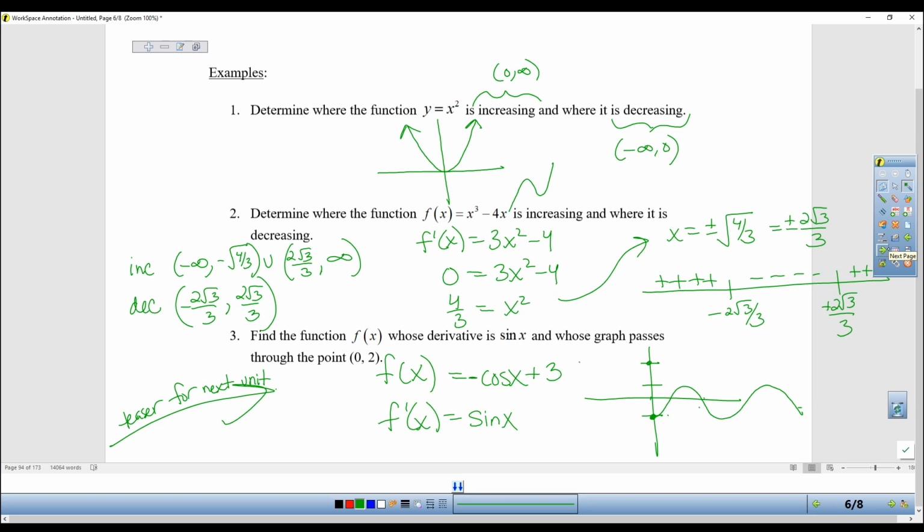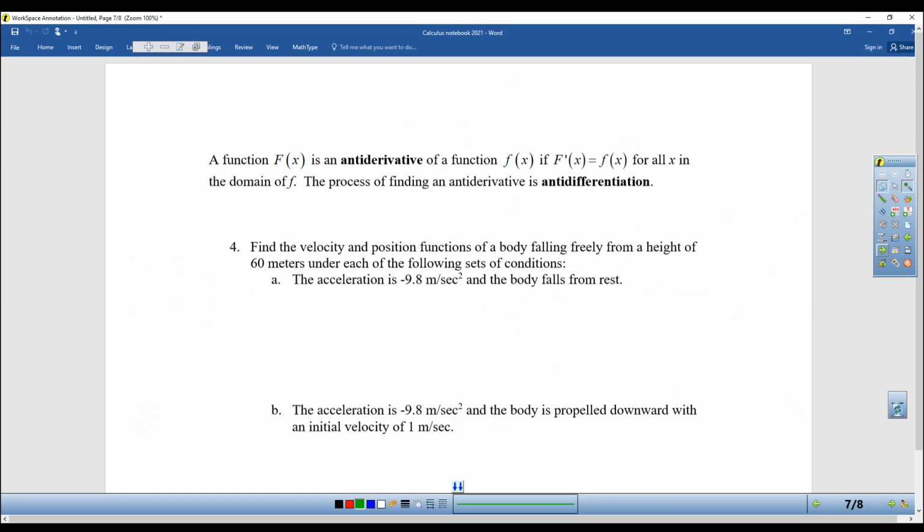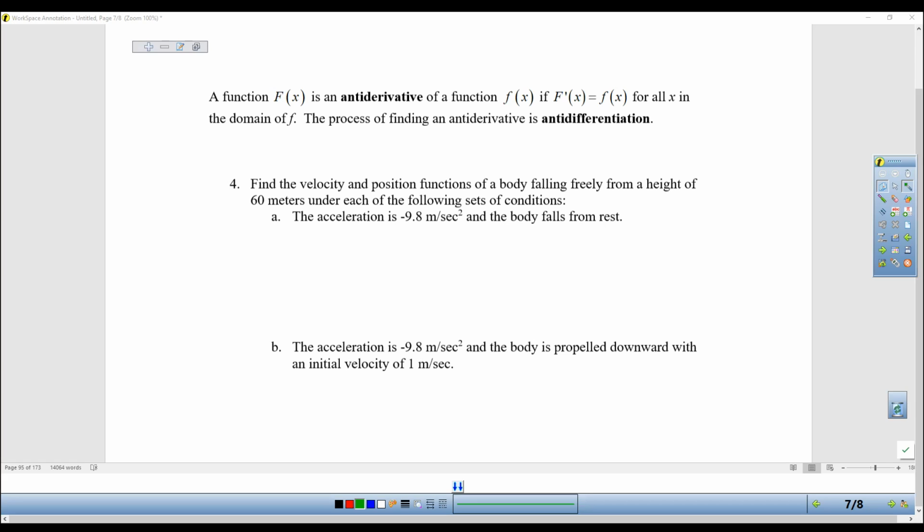All right, that is what this last page is going to be, pretty much doing derivatives backwards. So a function capital F, this is the notation that they often use when you go in the opposite direction, is the antiderivative of the function f of x.